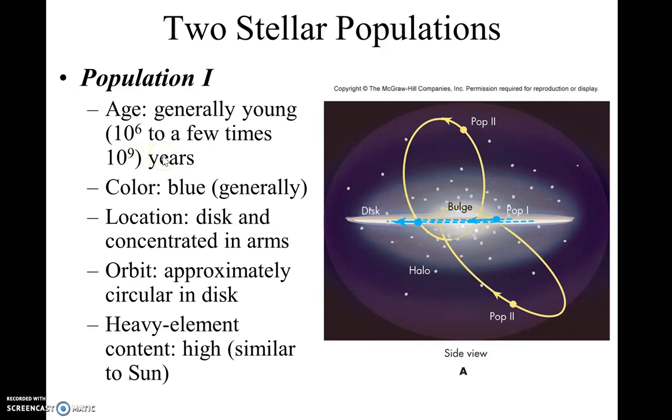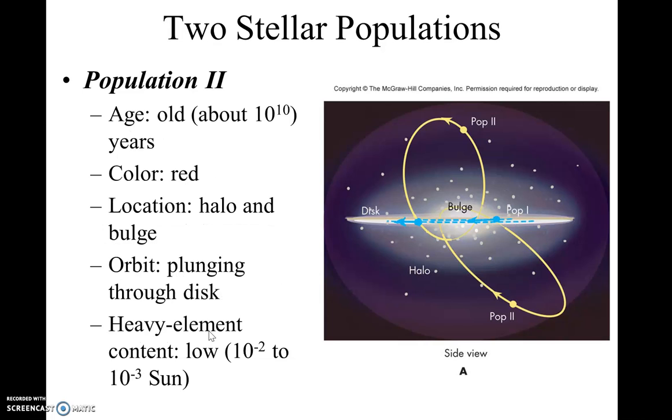For example, our sun is roughly 4.5 billion years old. One of the things about Pop 1 stars, that's what they're called sometimes, Pop 1 and Pop 2 stars, is that around 2% of their mass is made up of elements heavier than helium. We'll get into that in just a minute.